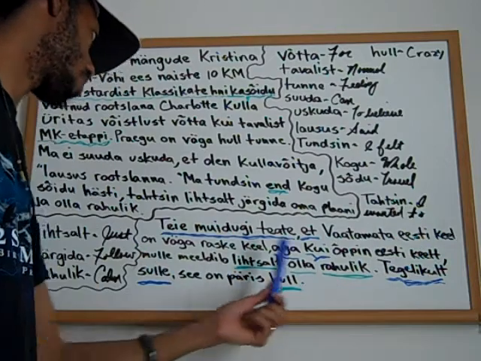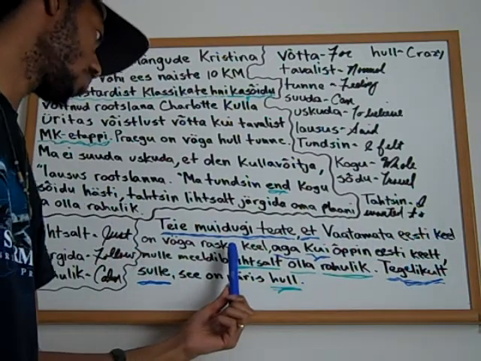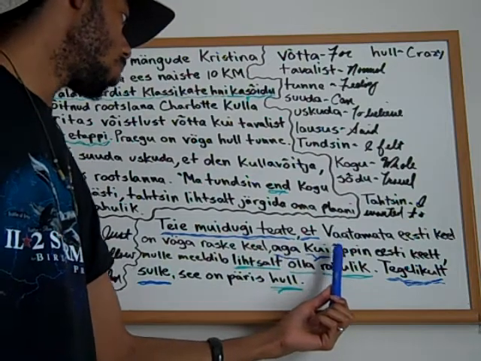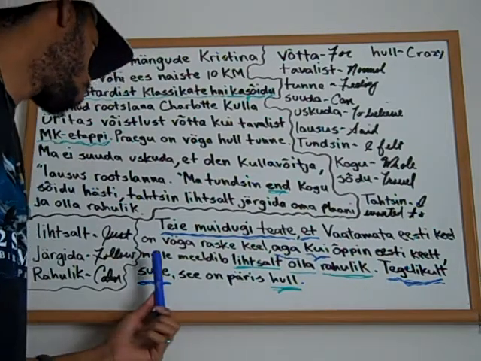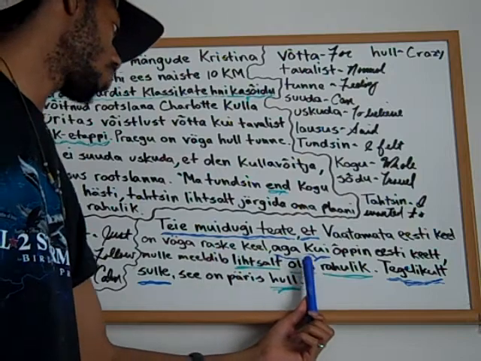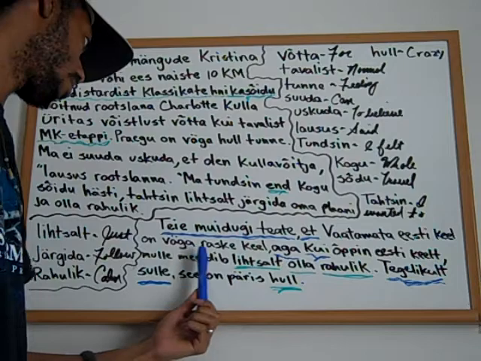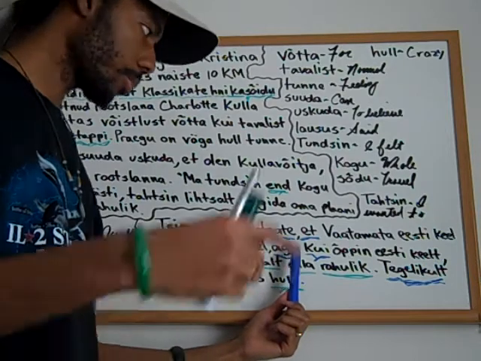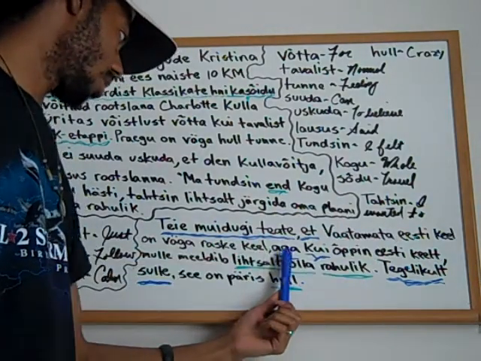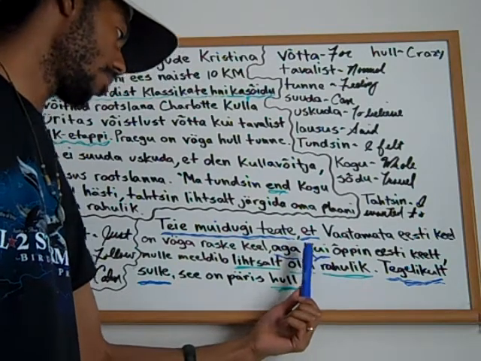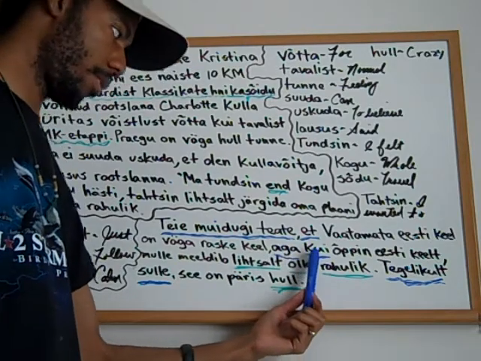despite Estonian being a very difficult language, aga kui õpin eesti keelt, mulle meeldib lihtsalt olla rahulik. So despite Estonian being a very difficult language, but kui, these are keywords. Aga is a keyword for me. It means but, and kui is if. It means if or when, but here in this case, it means when.